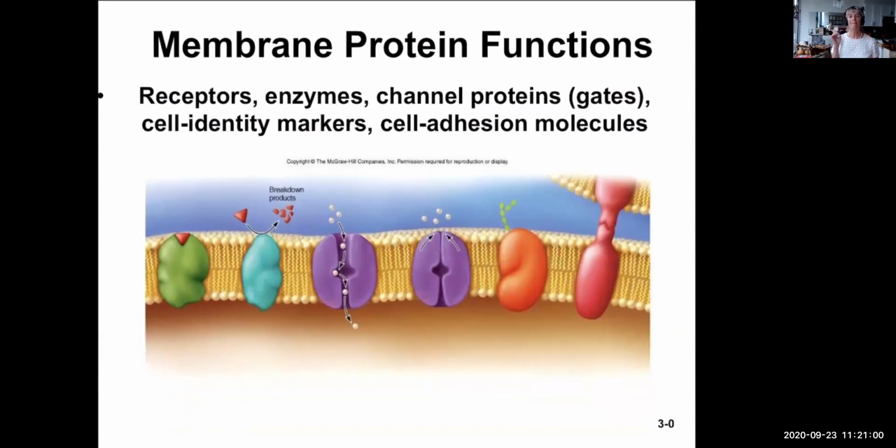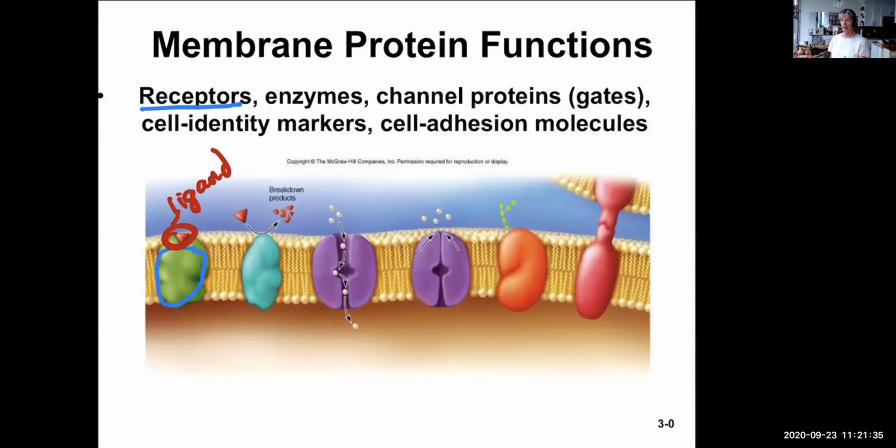The proteins that are embedded in the cell membrane have many different functions. Some of them are receptors, such as this one. This one may be a receptor, and this is a ligand. A ligand is a substance that is basically floating in liquid. It can be in the blood, it can be in the interstitial fluid or the fluid between cells.